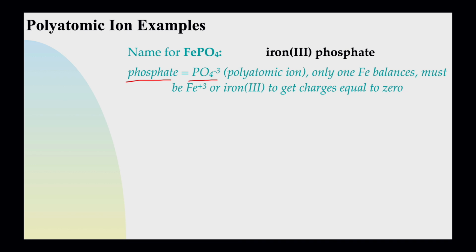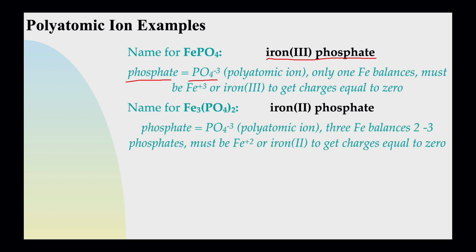If phosphate is -3 and that one iron's going to cancel it, that iron has to be +3. So this compound is iron 3 phosphate. The +3 iron balances the -3 phosphate. But again, you have to recognize you have a polyatomic ion, more than 2 types of atoms, and you have to know the charge of the phosphate so you can figure out what the iron's going to be.